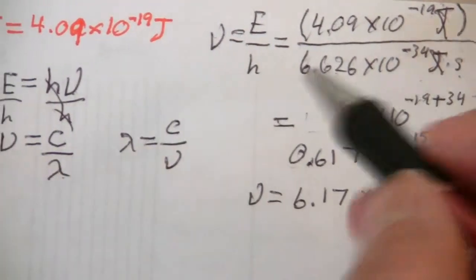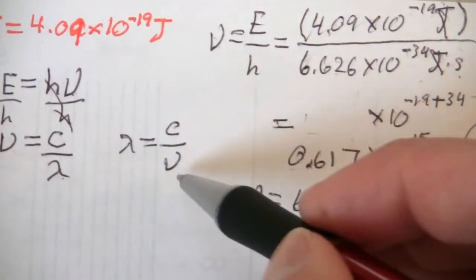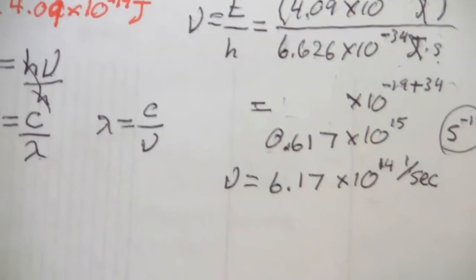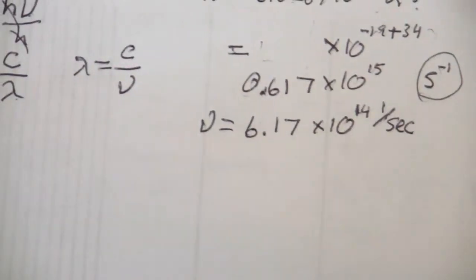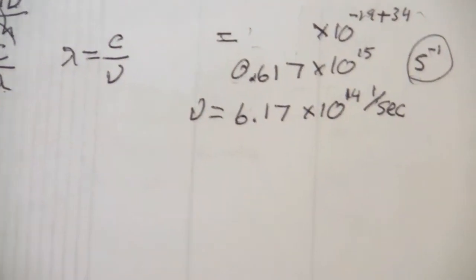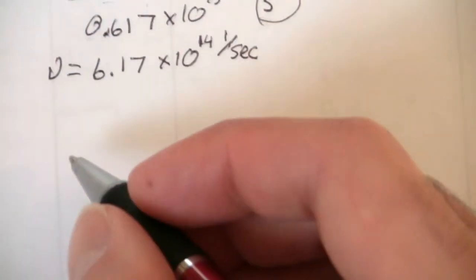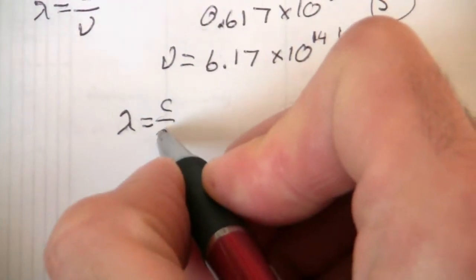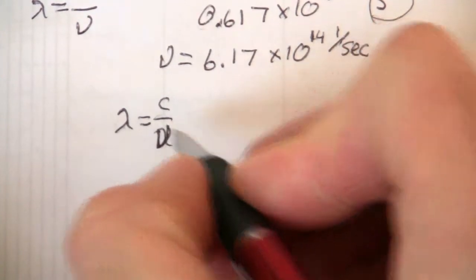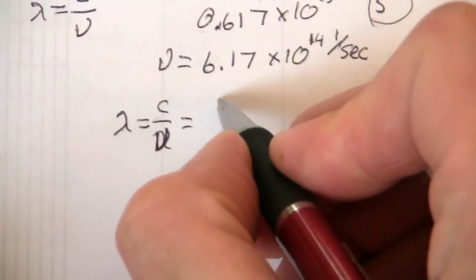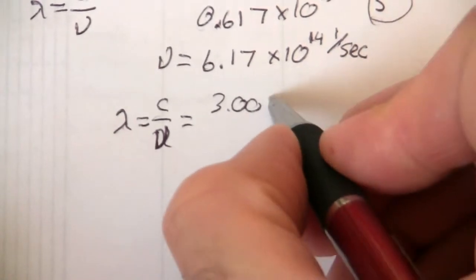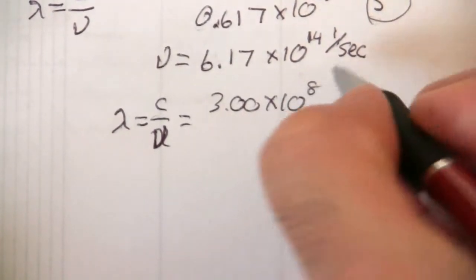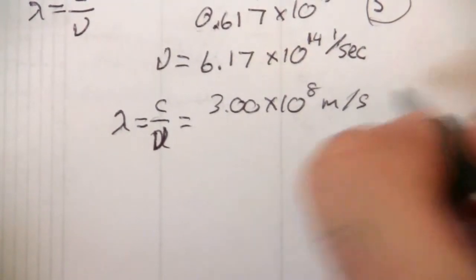Now I can plug that in here with the speed of light to find the wavelength. Okay, so this problem gives us practice with both of those equations. We have wavelength equals c over the frequency. Okay, the speed of light is 3.00 times 10 to the 8th meters per second.